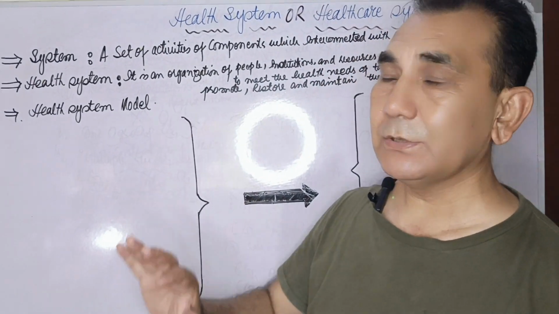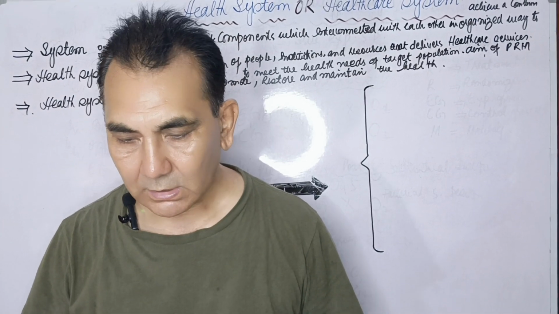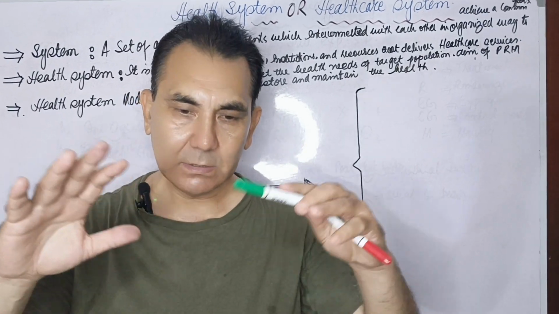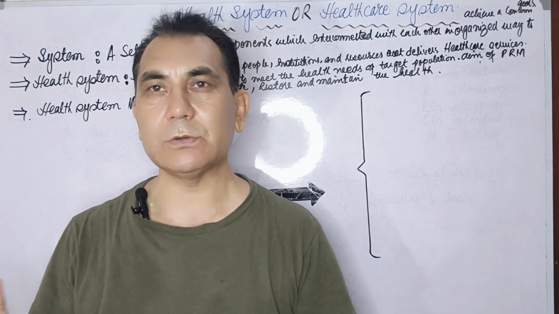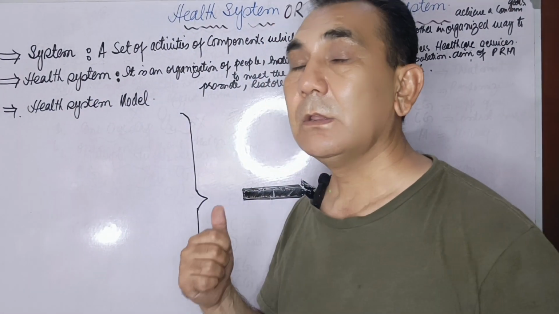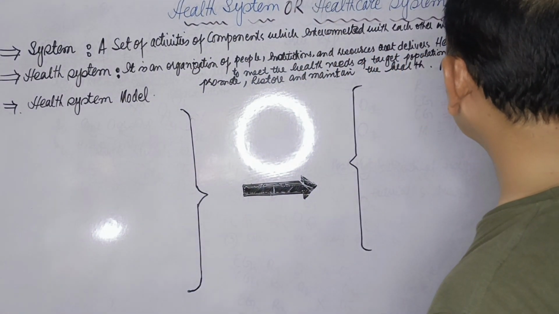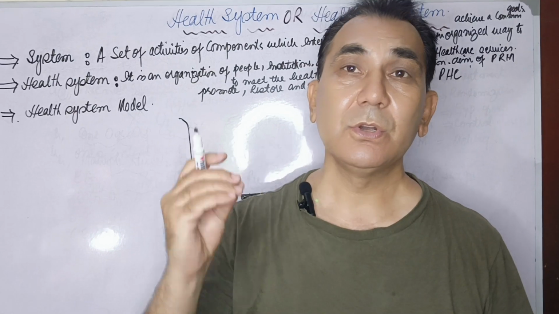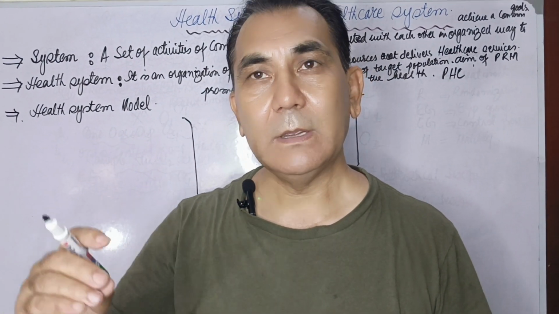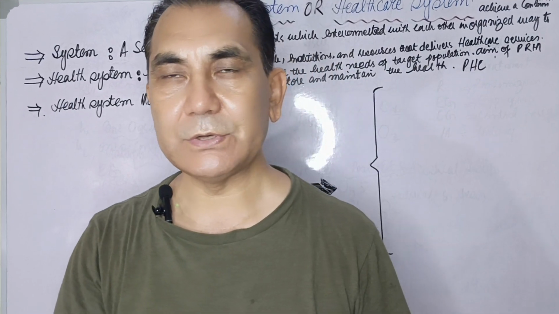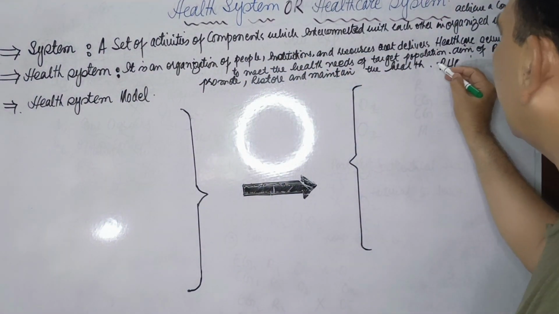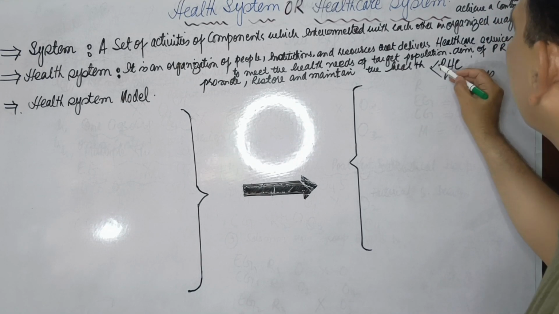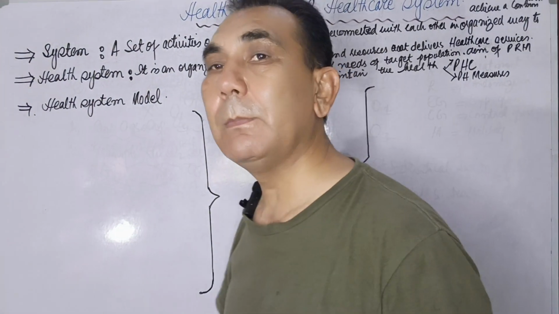But the healthcare system model mostly provides services in two ways in every country, whether developing or developed. The first method is called primary healthcare, and the second is public health measures.